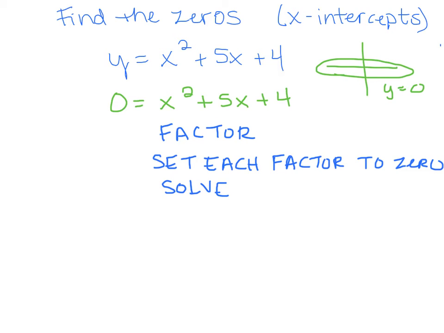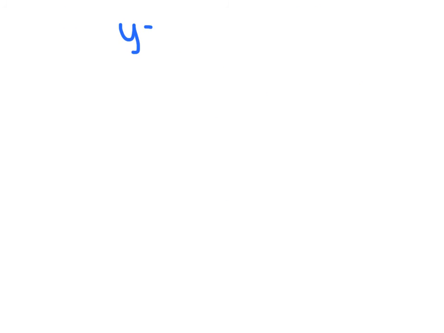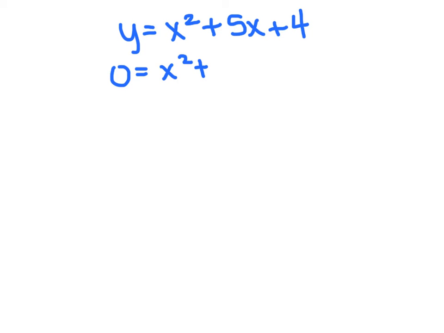All right, so let's do the example. So y equals x squared plus 5x plus 4. All right, so now, step 1, replace y with 0. Step 2, factor. You can put this equals 0 at the beginning or at the end. Once I get ready to factor, I just go ahead and write it on the right-hand side.